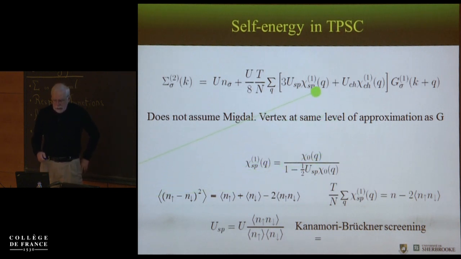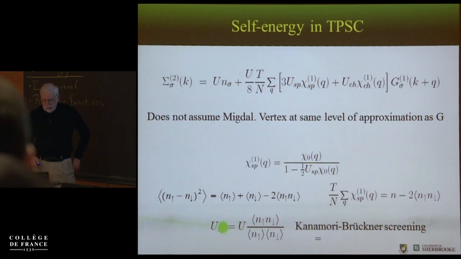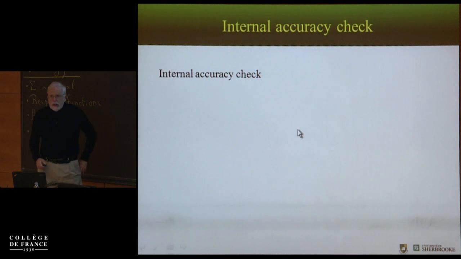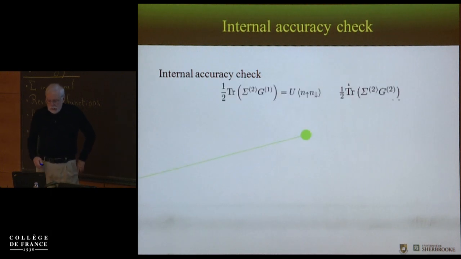And the key chi-spin that enters there is what we computed at the first level of approximation using this sum rule and this ansatz. Now, what do I mean by internal accuracy check? What I mean is that I will show on the board where this comes from, but this self-energy at the second level of approximation times the Green's function that enters the susceptibilities is exactly equal to U up-down.